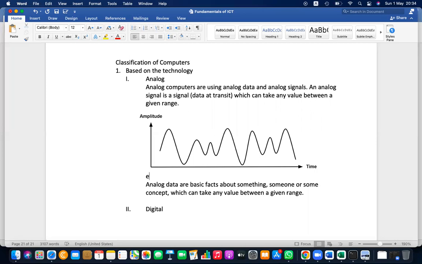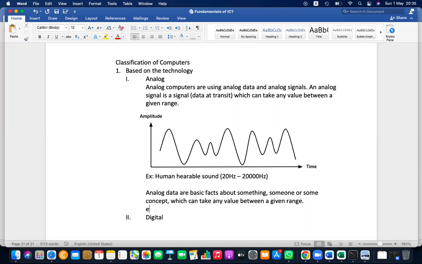Actually for this one I can give an example: sound, human hearable, 20 hertz to 20,000 hertz, right?